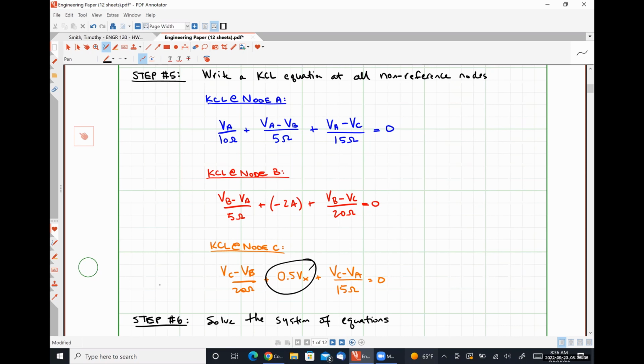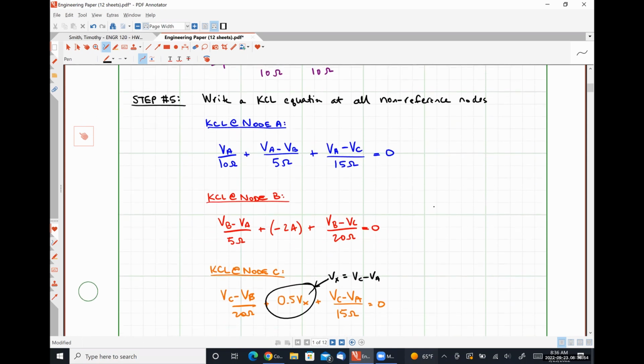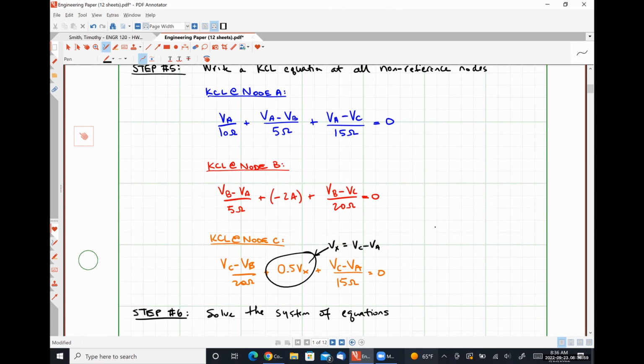So because I only have 3-equation, 3 unknown calculators on me, we are going to make that substitution where we say that Vx is VC minus VA. Let me just double check that here, okay? And I'm going to have to do a bit of flip-flopping back and forth to write my matrix, but it'll be okay.